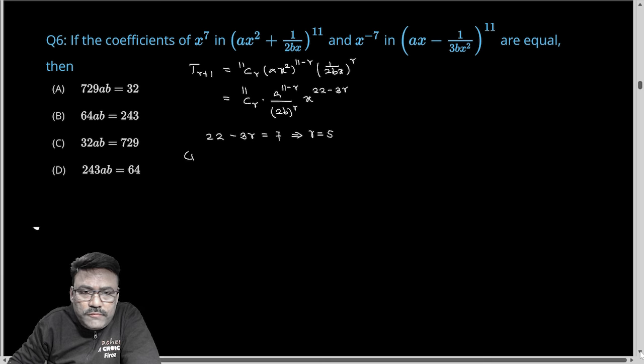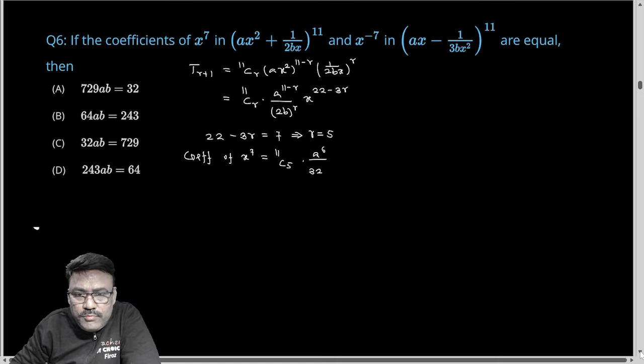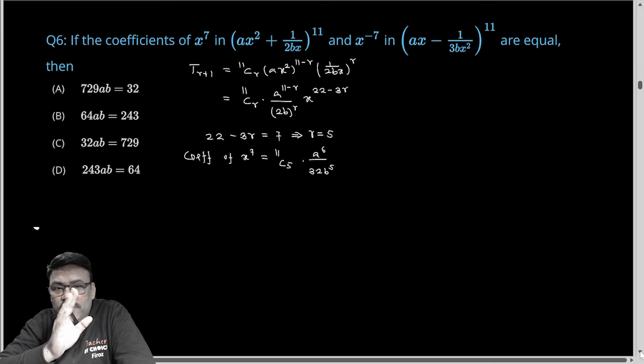So I got the coefficient of x raised to 7 here. Just put R is equal to 5. So it is 11C5 A raised to 6 over 2 raised to 5, which is 32, B raised to 5. This is the first case, the coefficient of x raised to 7 in the first expansion.